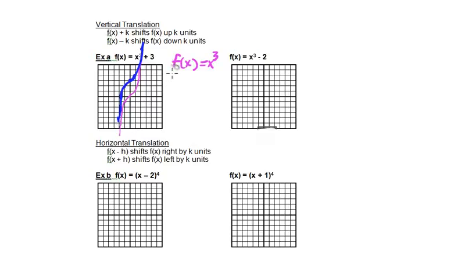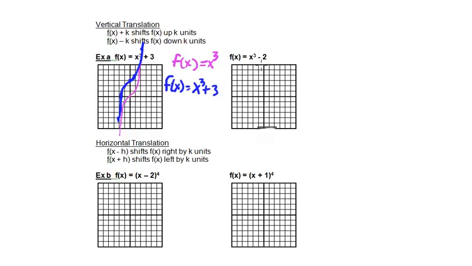This is what f(x) = x cubed + 3 should be looking like. And again, it's very similar to the original function x cubed, but shifted up by only 3 units. We can do something very similar over here with the function f(x) = x cubed - 2.